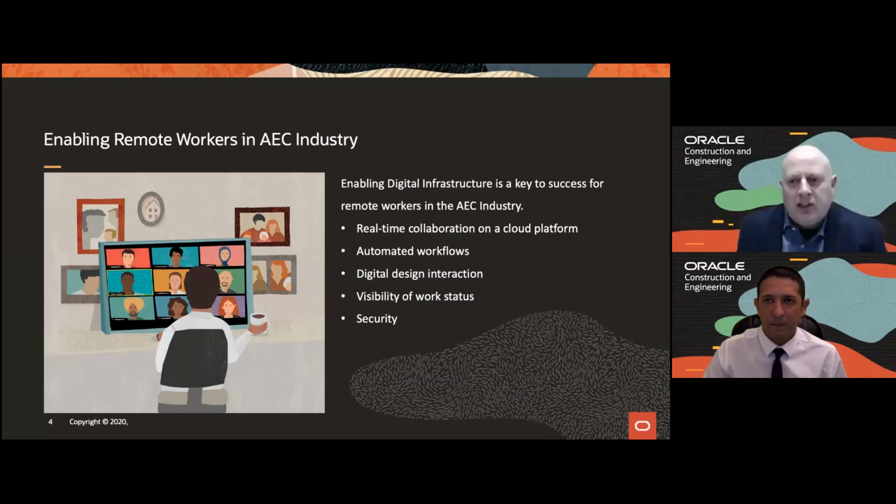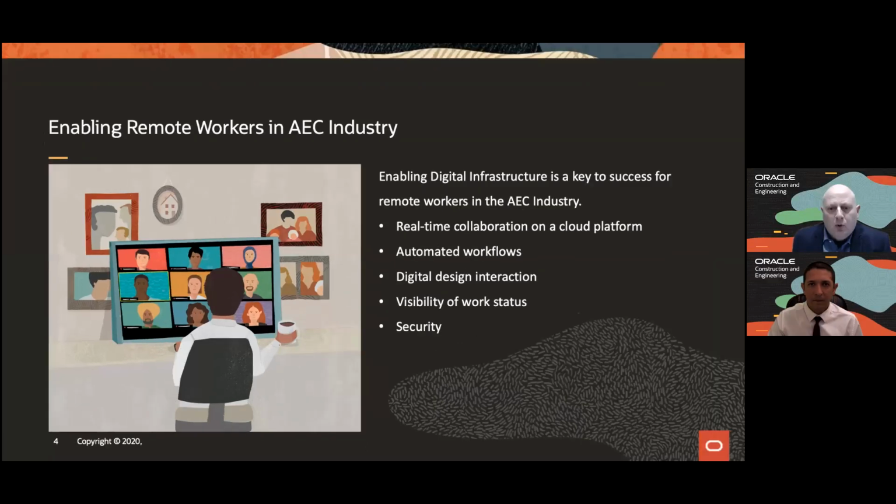to actually work. So what's important, a couple of points: there has to be absolutely real-time collaboration on the cloud platform. There's no use if you sit at the remote location and process, for example, contract management transactions on a construction project, but the person that you sent the information to will only receive it a day later or 2 days later.